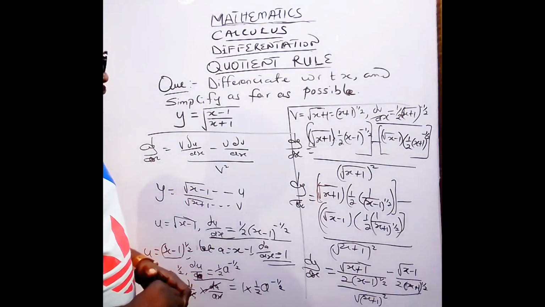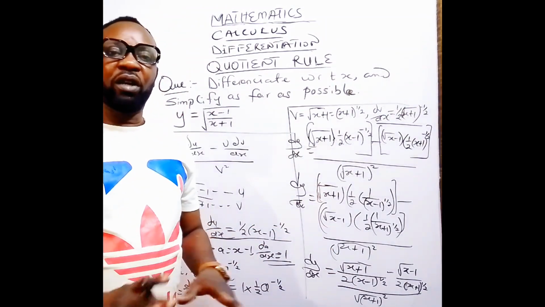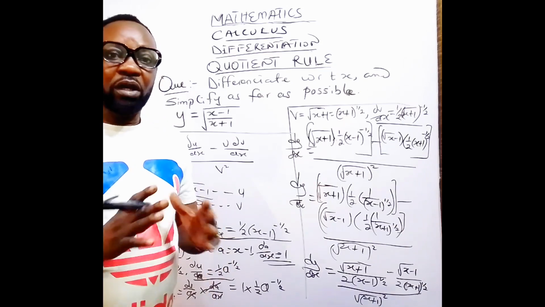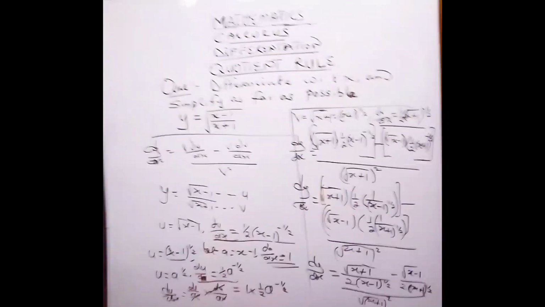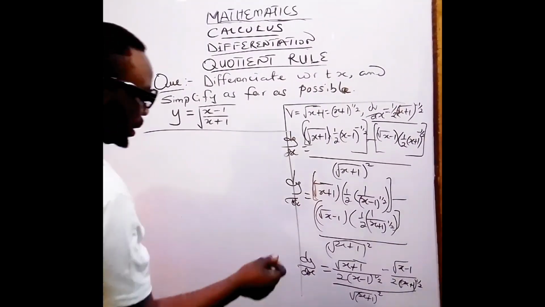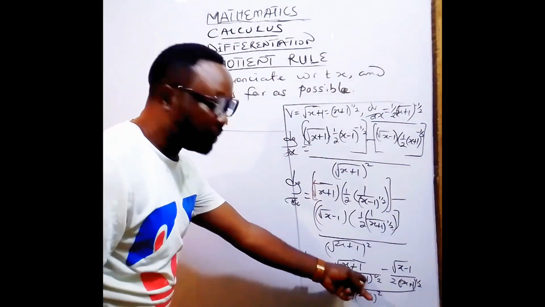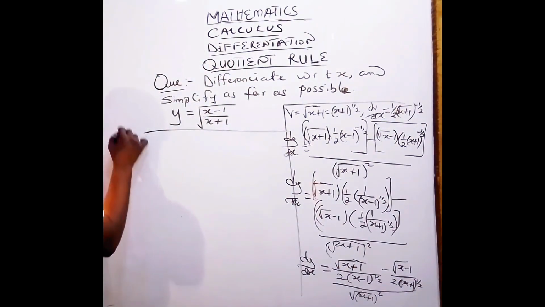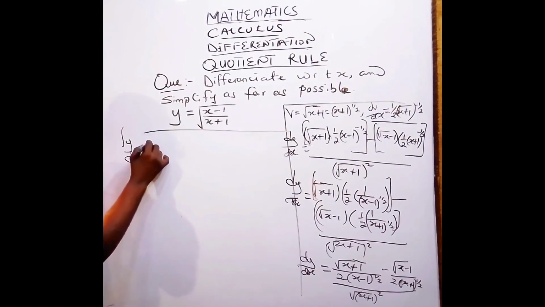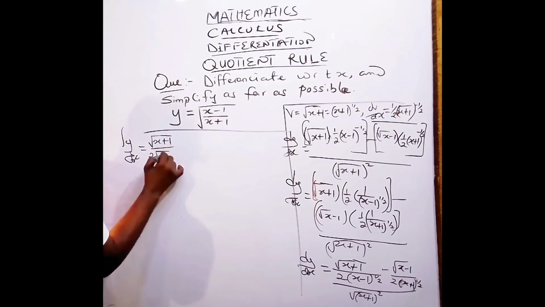Now, at this level, we are moving towards simplifying it very, very well. So let's get a space available for us there now. You can now agree with me that this value x minus 1 raised to the power of half is the same thing as root x minus 1. The same thing applies to this as well. So we can now have dy/dx equal to root x plus 1 all over 2 root x minus 1.